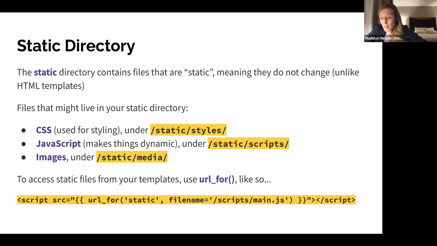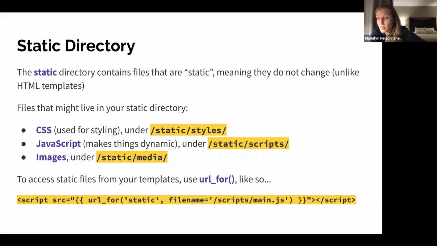Some files that might live in your static directory are CSS, which is used for styling. If you need fonts or some spacing or different colors, that's where you'd include that. In our sample code, that lives under static and styles. Some people name it something else, but I prefer styles, so that's why I put that there.